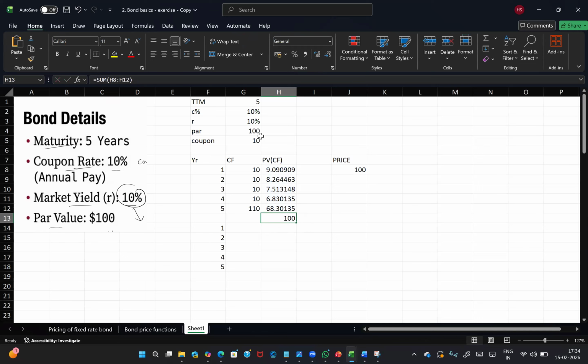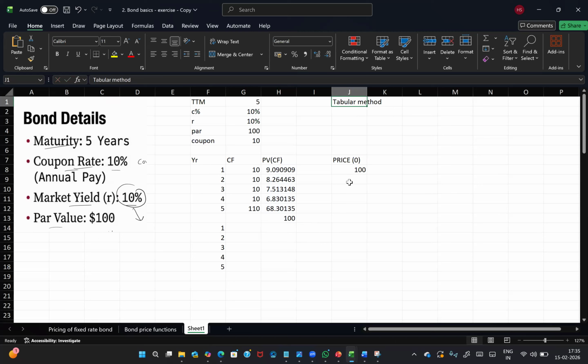So this is a longer method and it's called the tabular method of pricing, in which we detail out the years, the cash flows, the present value of cash flows, and then just sum them up together to find the price of the bond today. So price of the bond at 0 is going to be 100. So this is the tabular method of pricing. Any questions on this? Anyone?